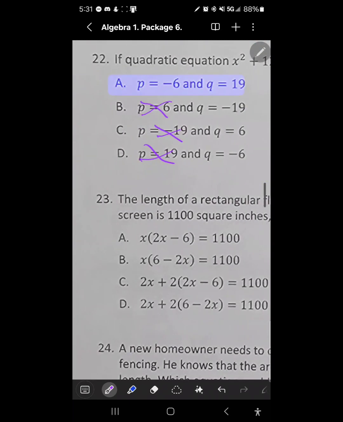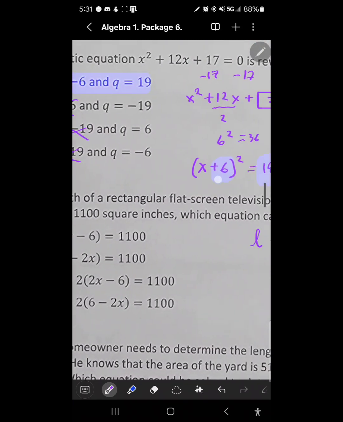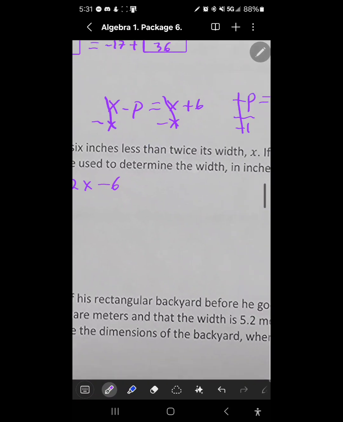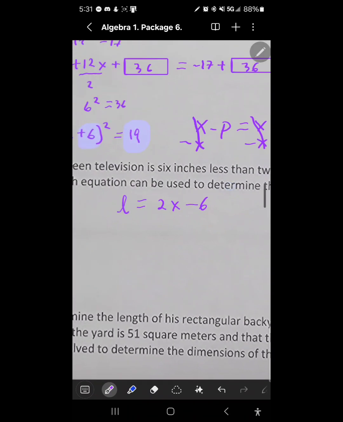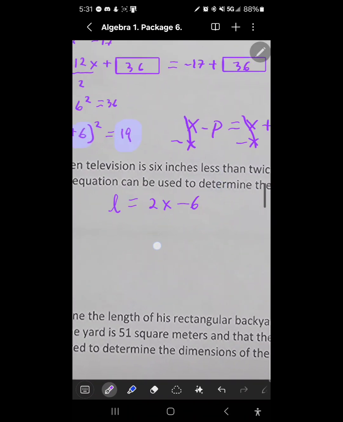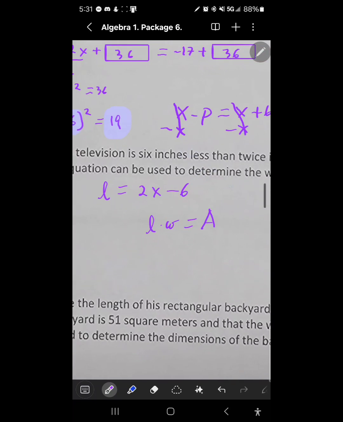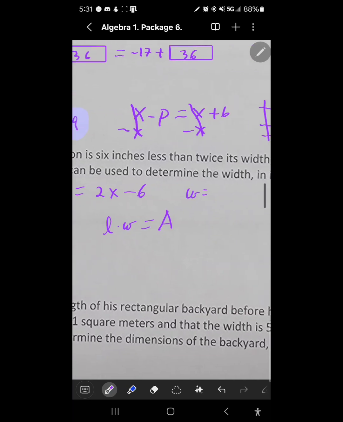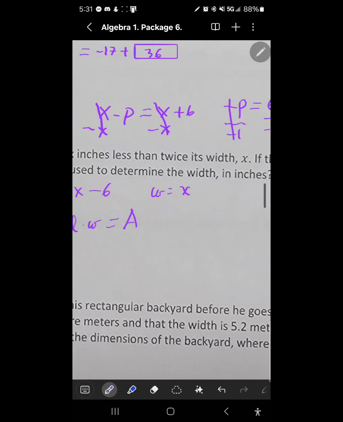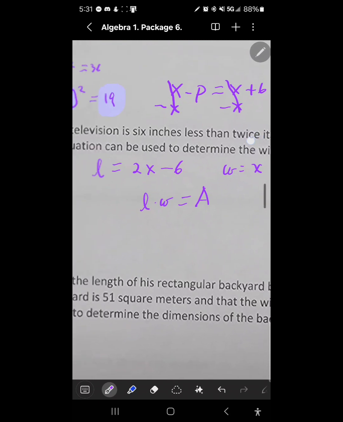If the area of the television screen is 1,100 square inches, which equation can we use to determine the width in inches? So we know that the area is L times width. We have that the width, W, equals x, because I say here it's width x.